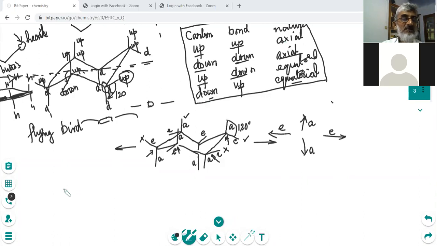See here, this is the chair form which we have drawn. We have already drawn. This is the one. Now what should I do? Look here.